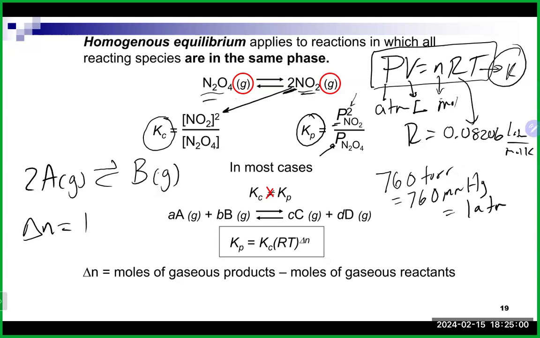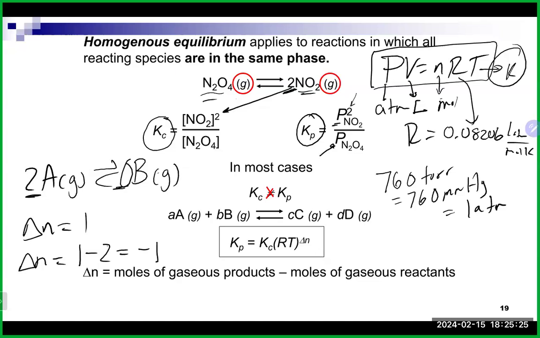It is the difference between the moles of the product gases and the reactant gases. Simplest way to figure out the moles is the number in front, right? So on my product side, I have how many moles of B? 1. Yes, right here, coefficient. And on my reactant side, I have 2, so delta N is -1 in this case.